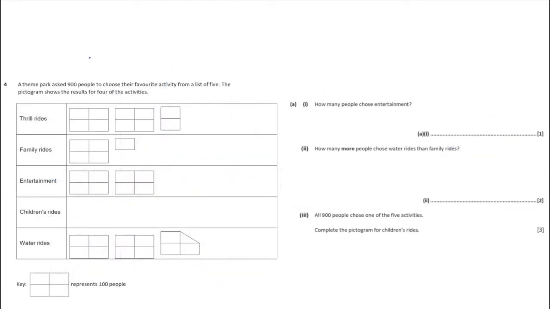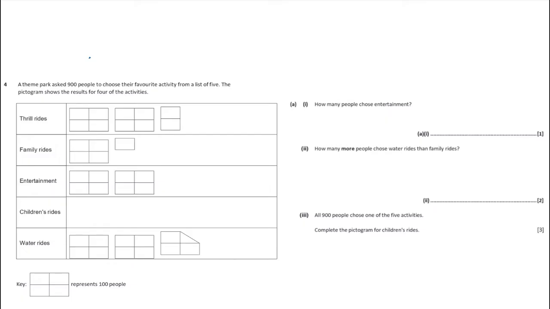Question 4. A theme park asked 900 people to choose their favourite activity from a list of 5. The pictogram shows the result for 4 of the activities. So we've got thrill rides, family rides, entertainment, children's rides, water rides. And the key to this is that a little grid with 4 little cells represents 100 people.